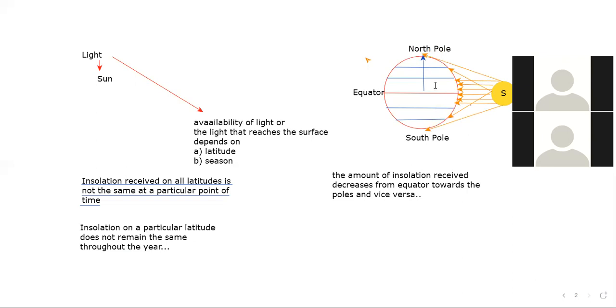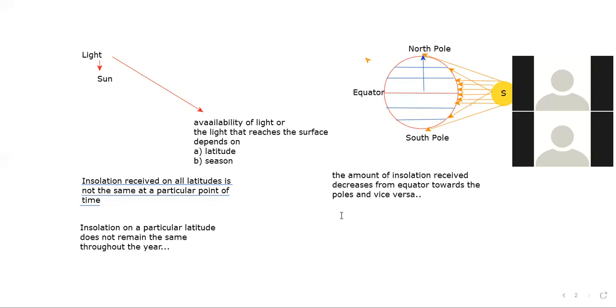So the angle of incidence of sun rays decreases from the equator towards the poles. Is this point clear to you?